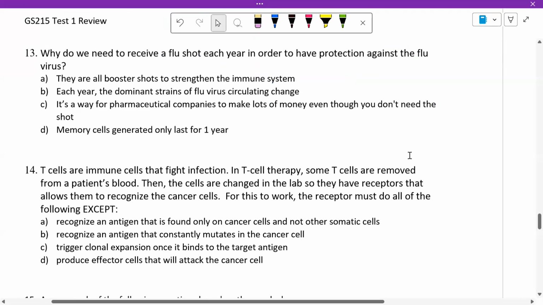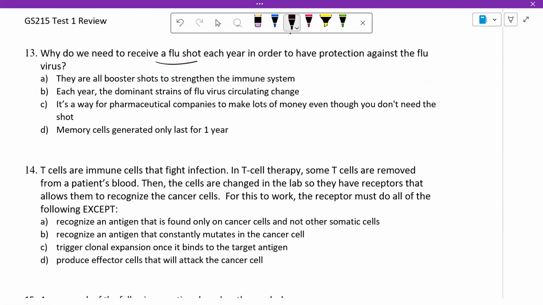Okay, moving on. Why do we need to receive a flu shot each year in order to have protection against the flu virus? This was something that we talked about in the application questions of lecture 3, I believe, when I told you about the H1N1 and all those things.